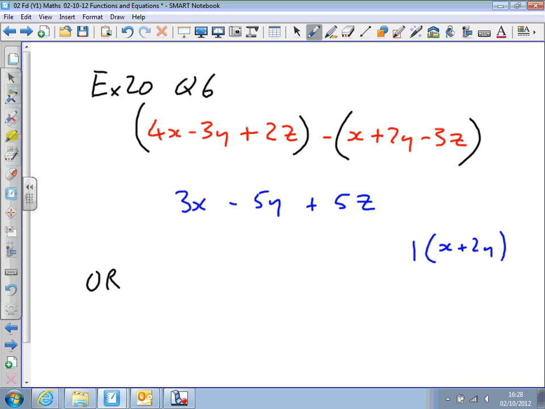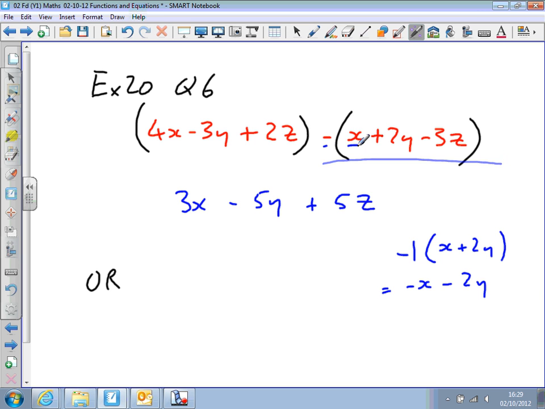So actually, if there's a minus sign there, which there is here, it's actually a minus 1 outside the bracket. And so when you expand out this bracket, as Tommy is saying, you actually end up changing the sign of all the terms inside. Minus 1 times x is minus x. Minus 1 times 2y is minus 2y. So if we apply that to this, I can say this can be rewritten as minus 1 times x is minus x.